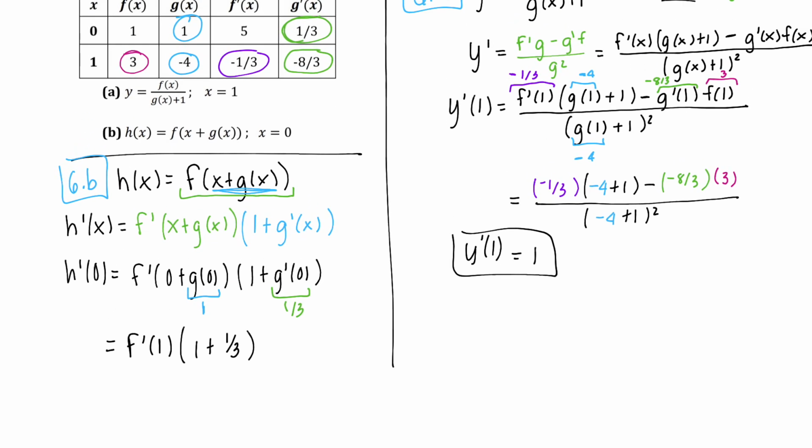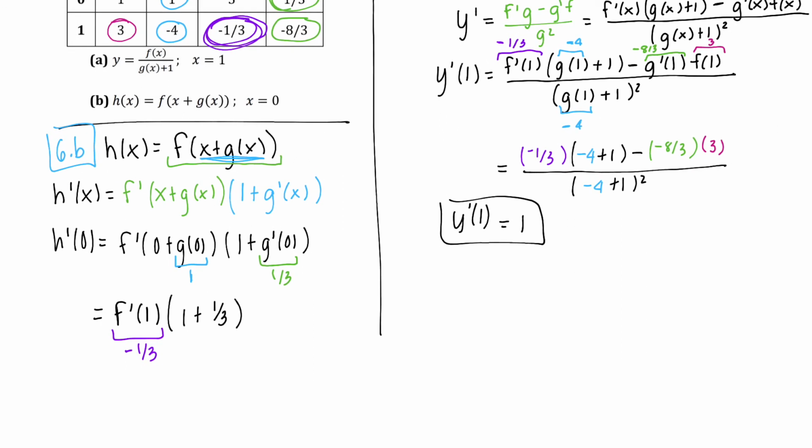F prime of 1, we already found right here. This is negative 1/3. So we have negative 1/3 times 1 plus 1/3, which is 4/3. So negative 4/3 times... equals negative 4/9. So the key there is just understanding that it's chain rule, and then going through the steps and plugging stuff in from the table.